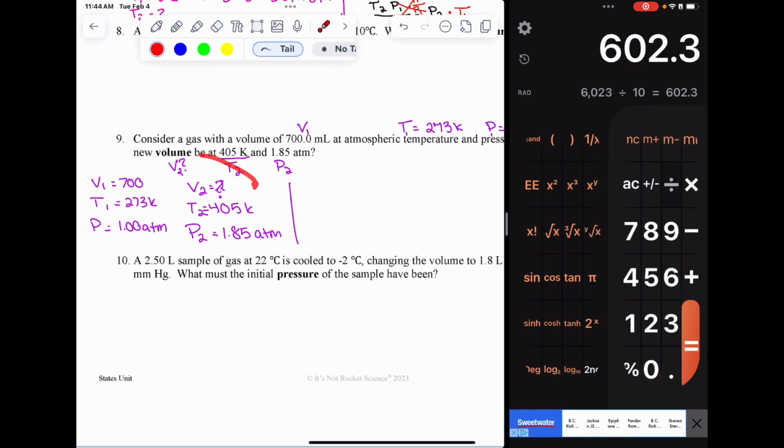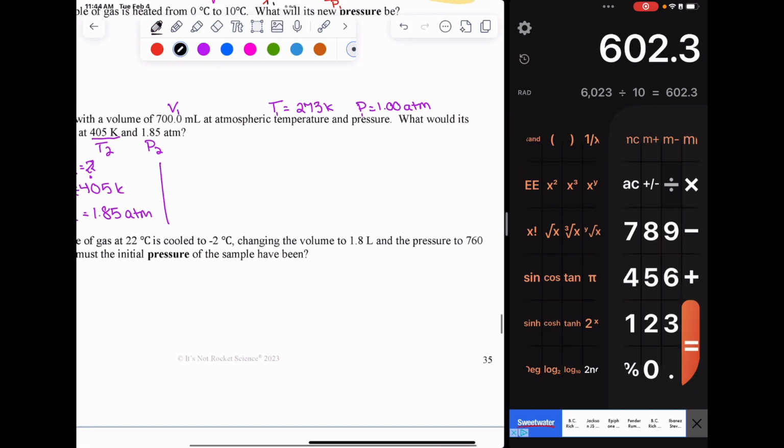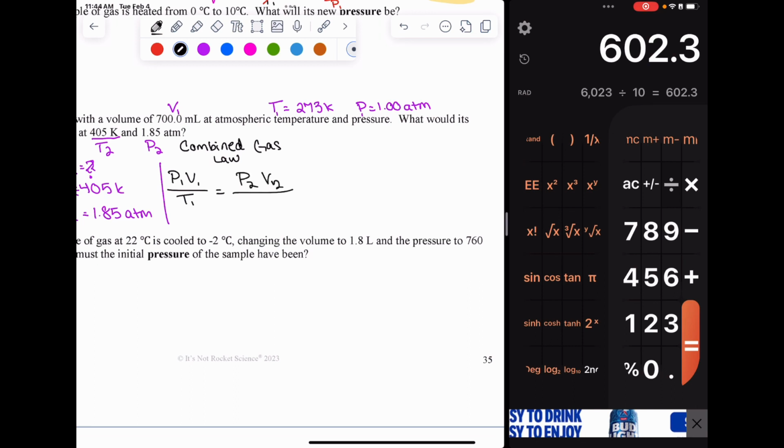Now, we have 2 sets of everything, and the only law that gives us 2 sets of everything would be the combined gas law. And that would be P1 V1 all over T1 equal to P2 V2 all over T2. Let's go ahead and plug in our values here. So P1, V1, and T1.